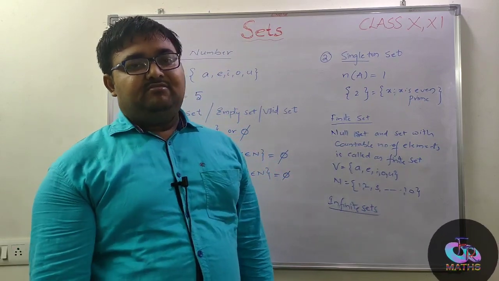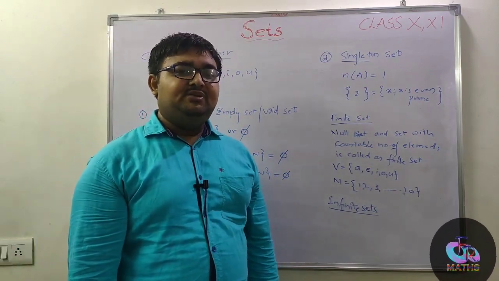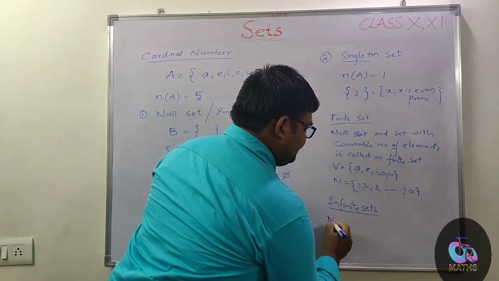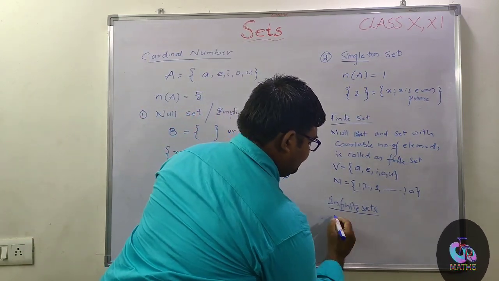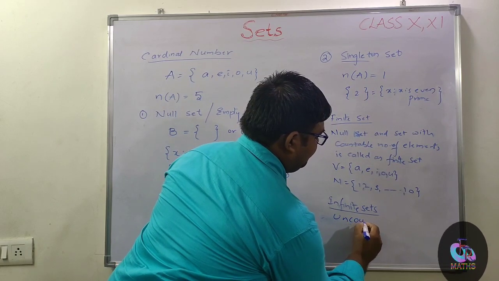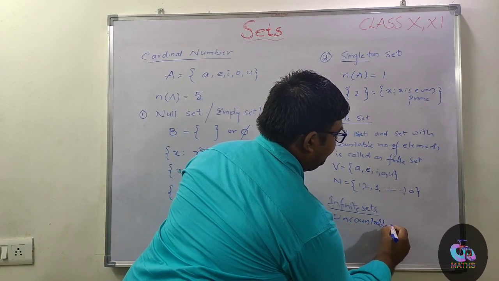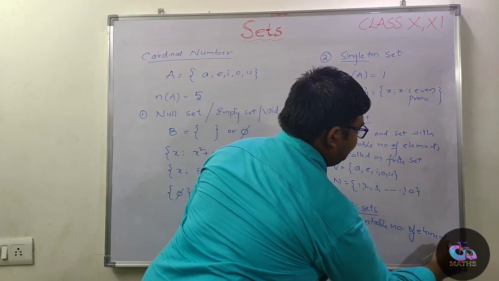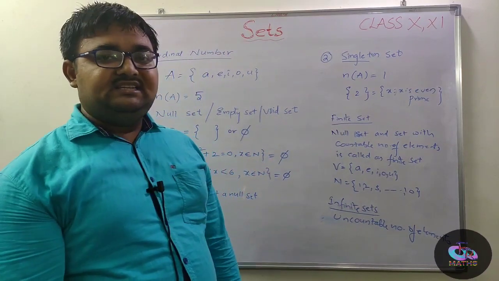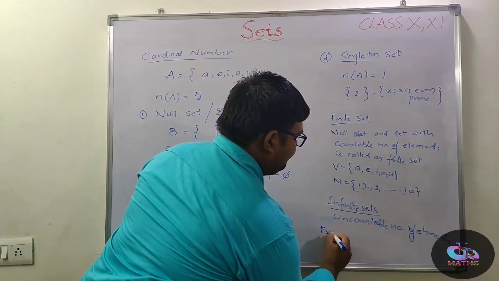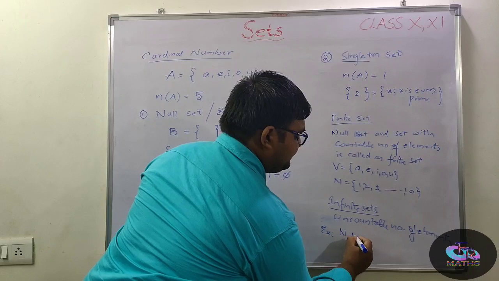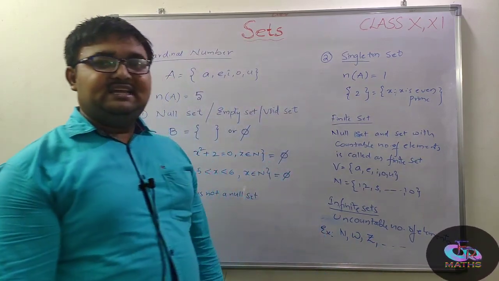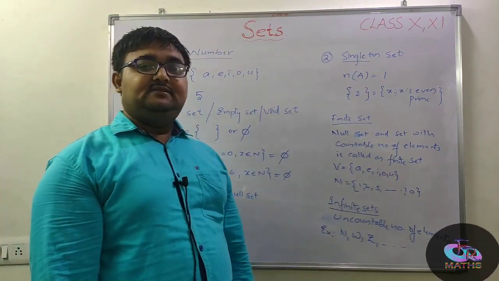So if you are having an uncountable number of elements, then such a set is called an infinite set. Already you know the examples: natural number set, whole number set, integer set. These are all collections of infinite sets.